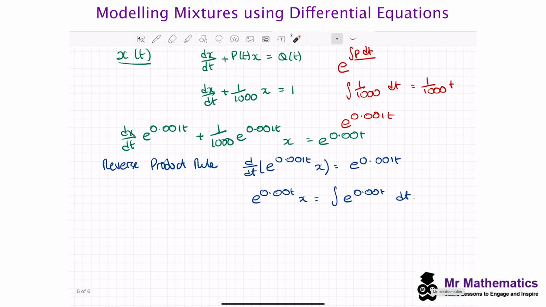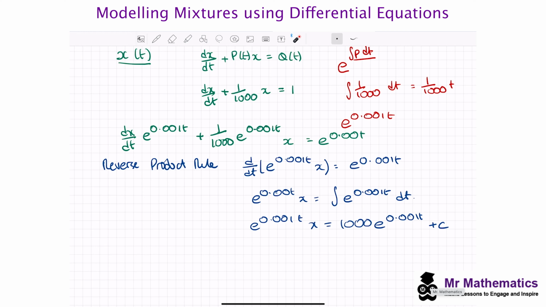Sorry, just 1 second. This is 0.001t. And when we integrate this, we use the reverse chain rule. So this becomes 1,000 e to the 0.001t plus the constant of integration.